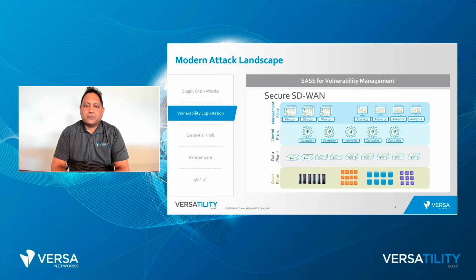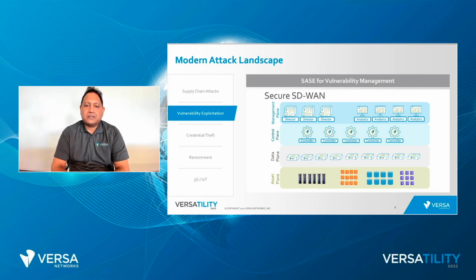One of the key components of the SASE architecture is a secure SD-WAN architecture, which provides a mechanism for better vulnerability management. Any software-defined solution, whether software-defined networking or a software-defined element, provides a clean separation of control plane versus data plane, where through the control plane we configure policies. The data plane element consumes that configuration and enforces those policies on the network as the traffic traverses.